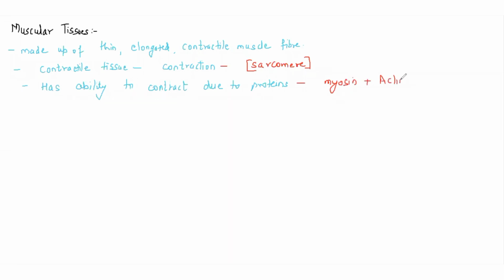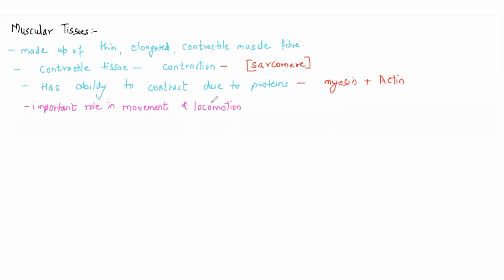So myosin and actin play an important role. Now, this muscular tissue has muscle nerves. First of all, muscular tissue plays an important role in movement and locomotion.